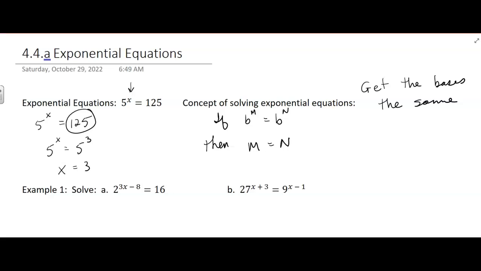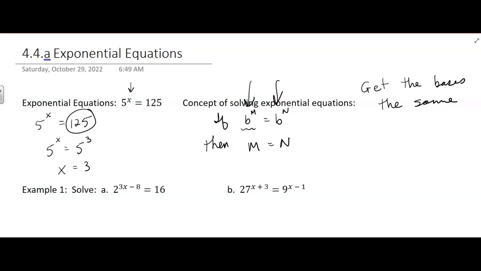Also, it has to be set up so that you only have one term on the left and one term on the right. You can't have other stuff like a +7 in there. It's just got to be a base to a power equals the same base to some power. Then you can pop out the powers.